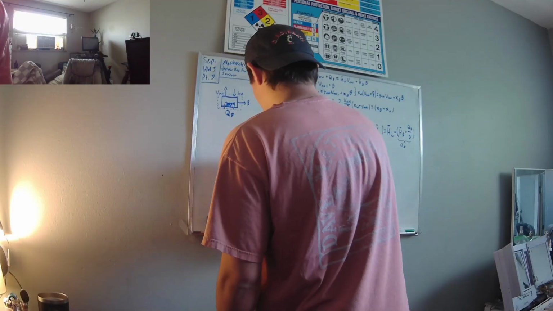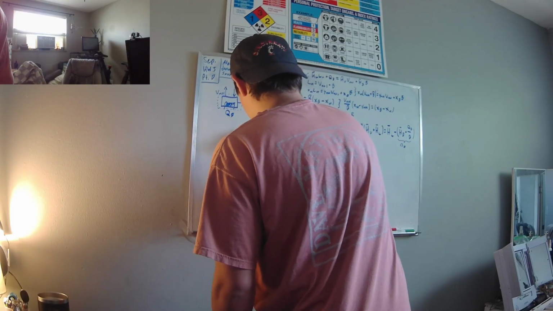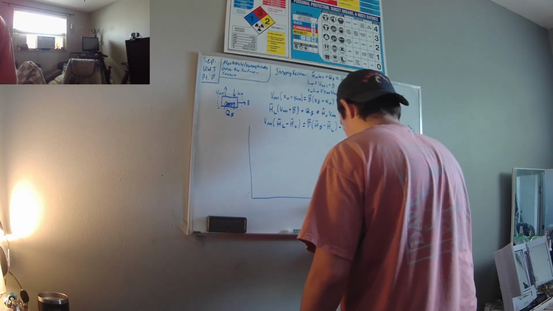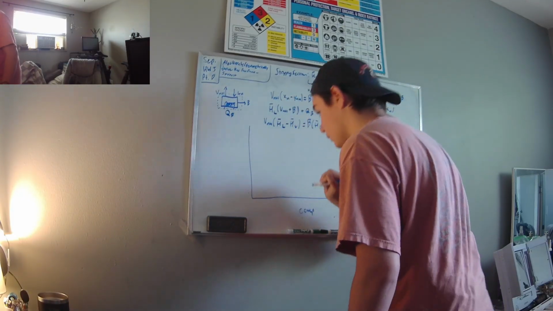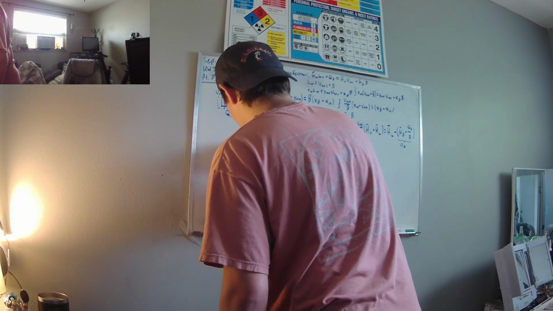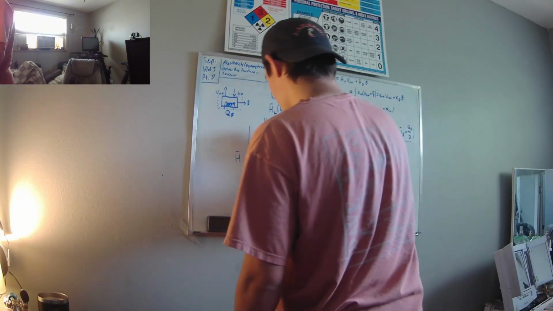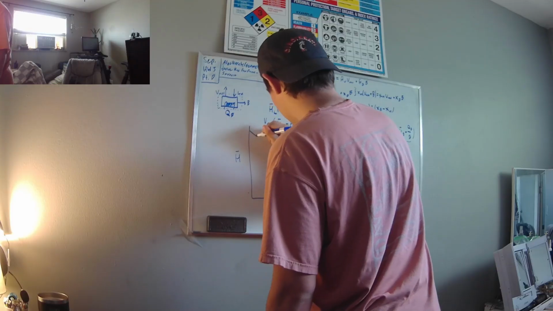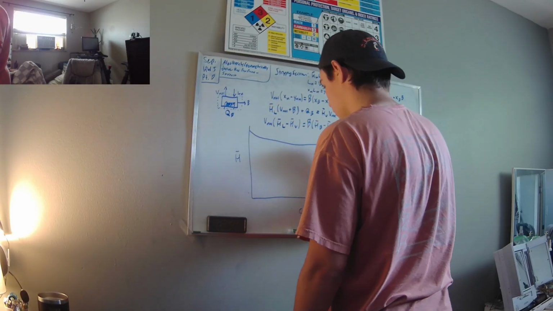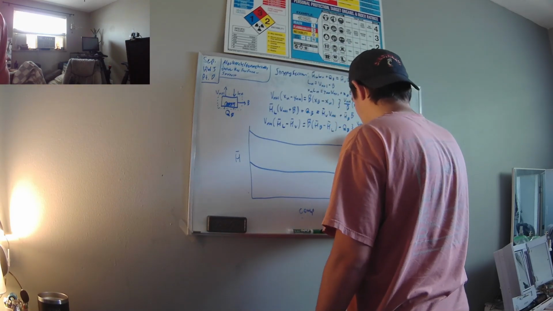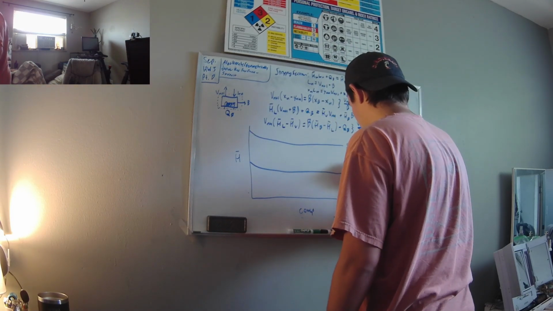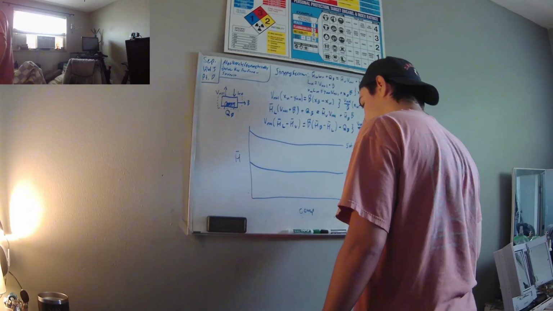And yet again, we're going to draw out our graph here. So at the bottom, we've still got our composition, our H bar, and we've got our two lines here, with the top one representing the saturated vapor, and the bottom one representing the saturated liquid.